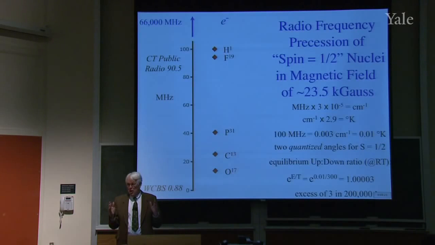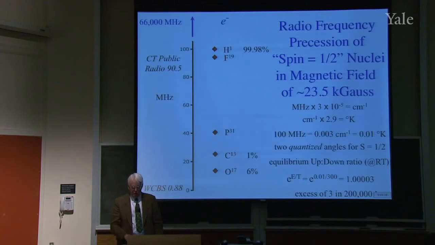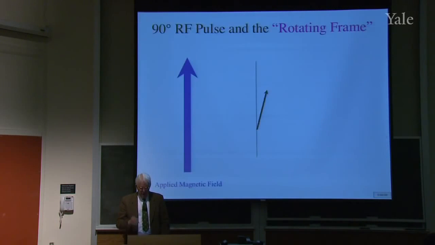It's really, really wimpy, the Boltzmann factor, the energy difference between those. Okay, and O17 occurs at 6% in natural abundance and C13 at 1%, but these others, like protons, are 99.98% and only 0.02% deuterium.